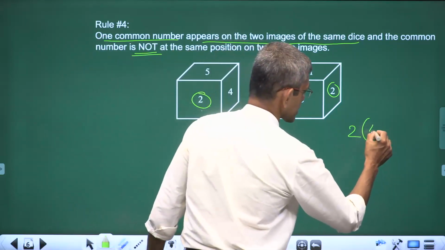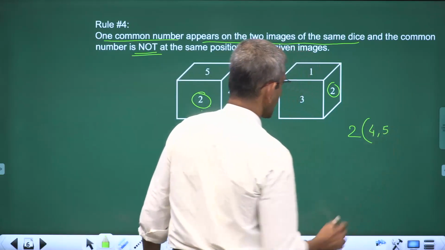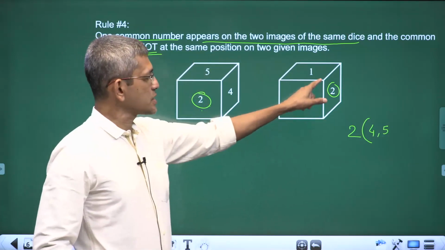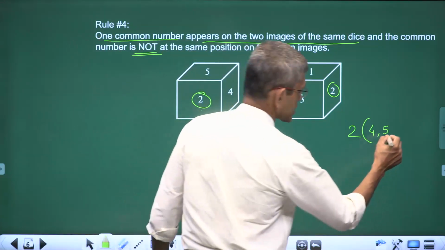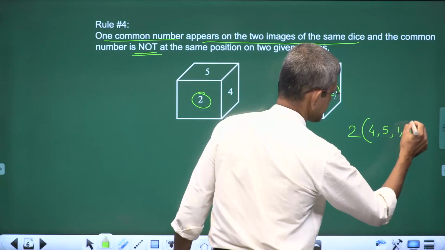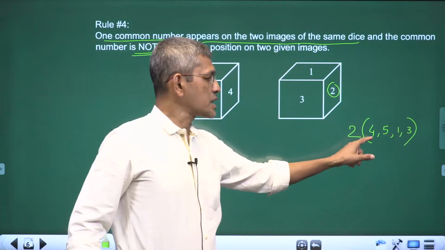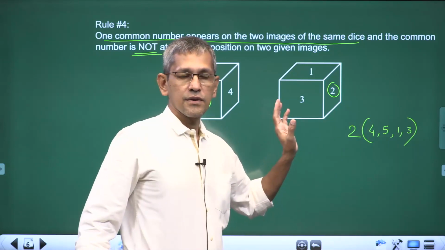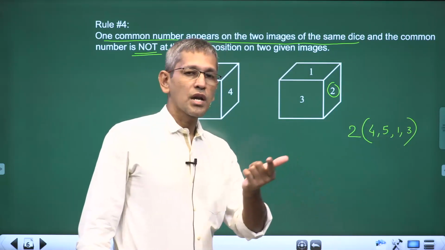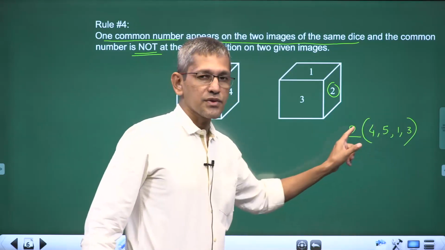At the same time, here 2 is adjacent to 1 and 3. So ultimately, 2 is adjacent to 1, 3, 4, 5. That means 2 cannot be opposite to any of these numbers.